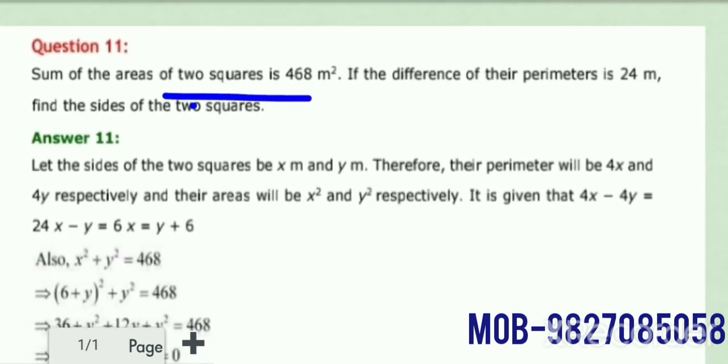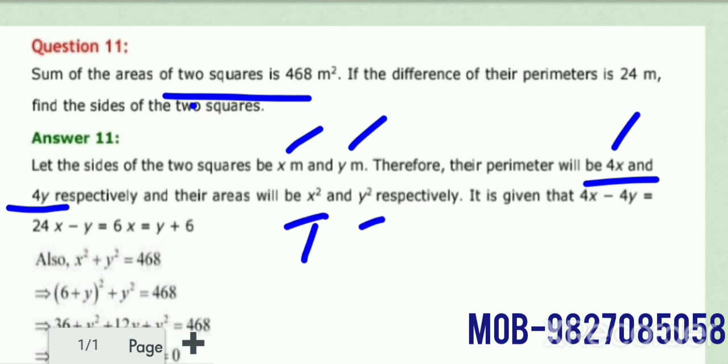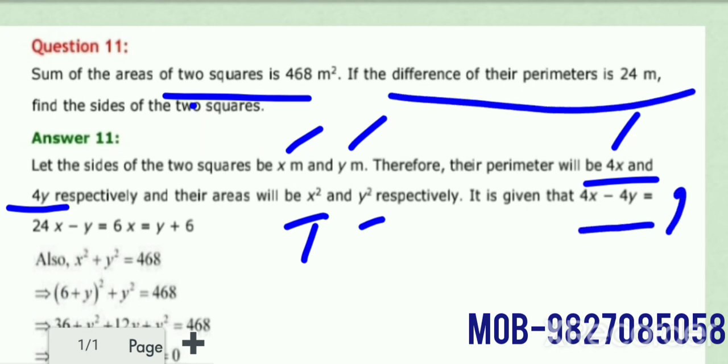Suppose the side of one square is x and the second is y. Now the perimeter is equal to 4 into side, so this becomes 4x and this is also 4y. And their area is side into side, so this is x square and this is y square. According to the question, the difference of perimeters is equal to 24, meaning 4x minus 4y is equal to 24.